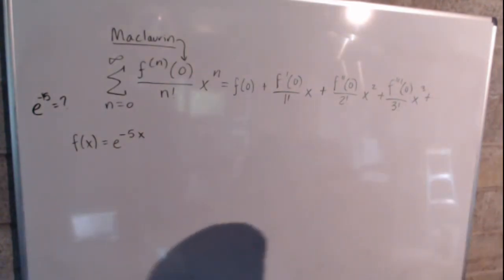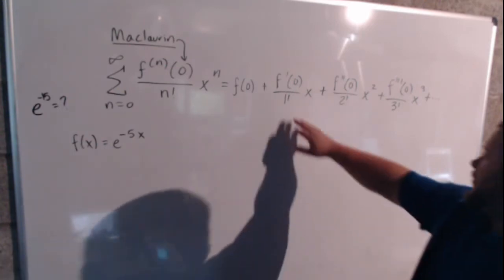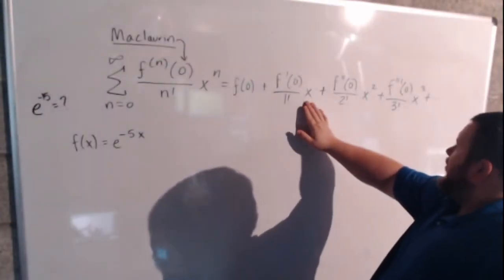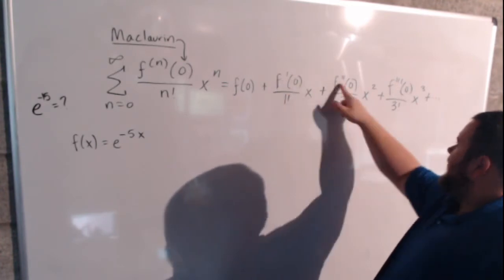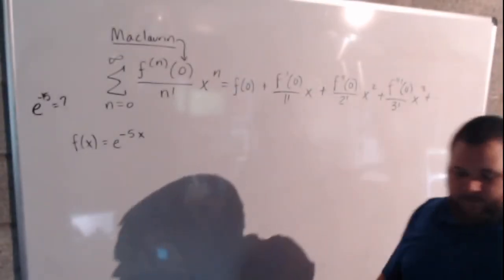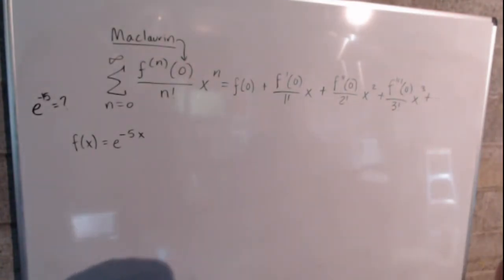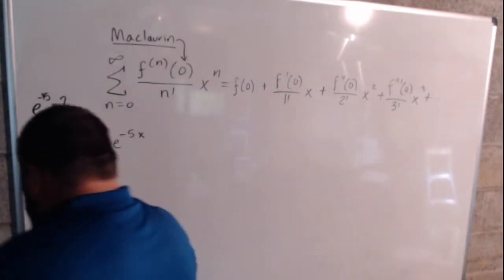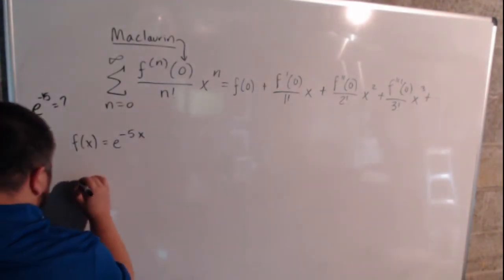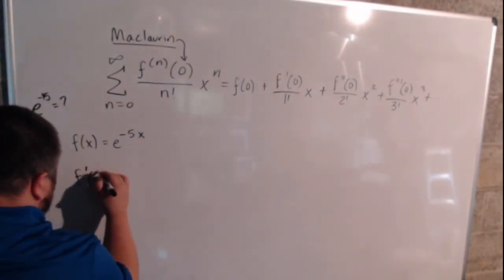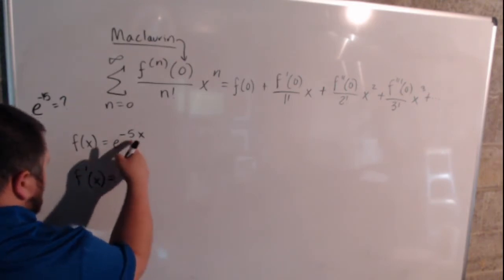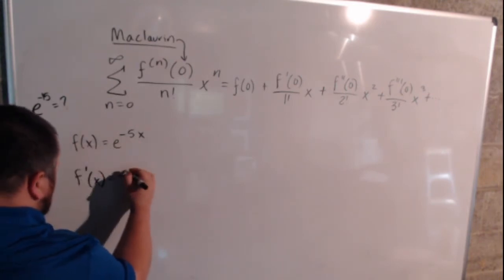So what do we need? We've got factorials, we've got x's in here, but the most important thing we need are the derivatives, right? We've got the first, second, third, and so on, how many terms we want. So let's write out the first couple. So I've got f prime. So first derivative of this, we just bring down a minus 5.